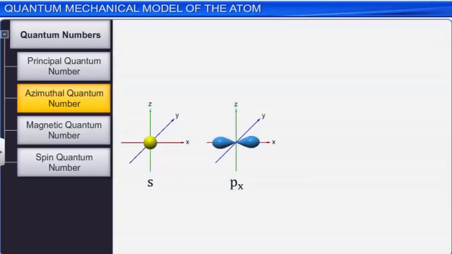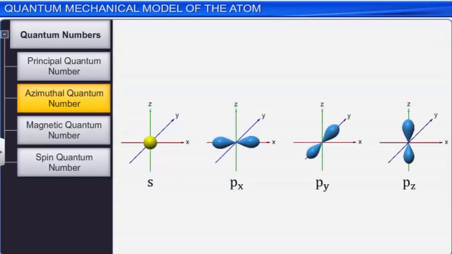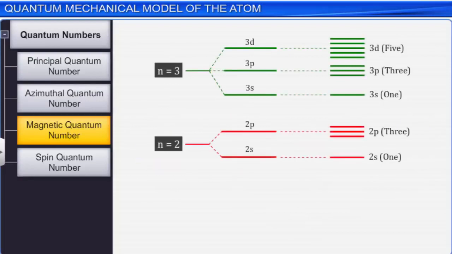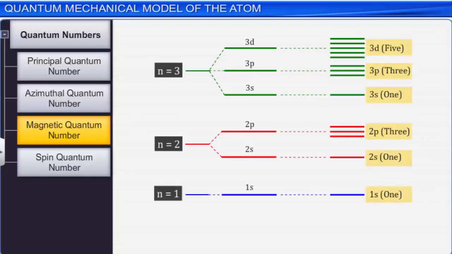The number of preferred orientations of electrons belonging to a subshell is given by another quantum number called the magnetic orbital quantum number ML. Each orientation corresponds to an orbital. Therefore, the magnetic quantum number helps to determine the number of orbitals within each subshell.